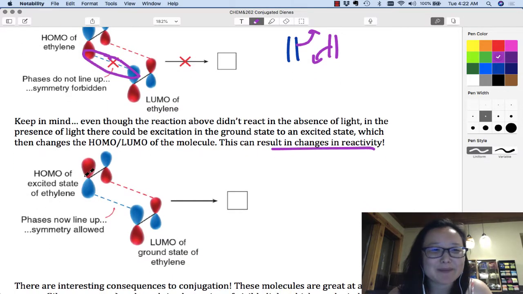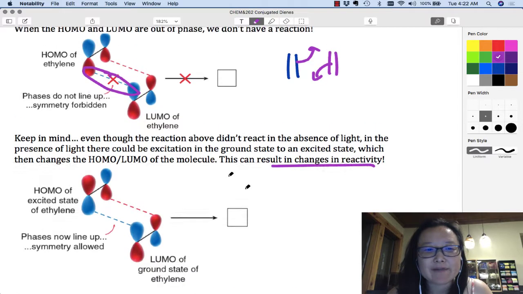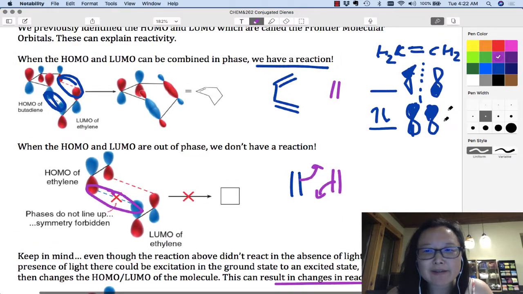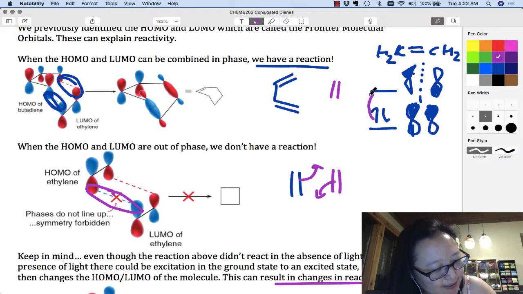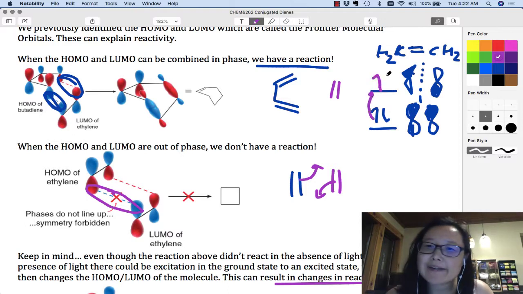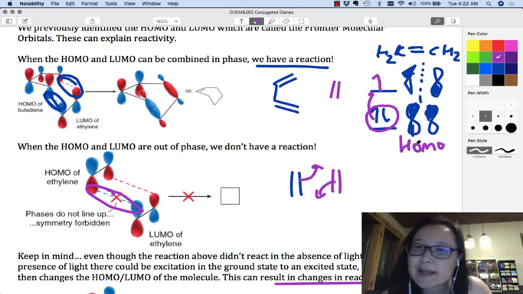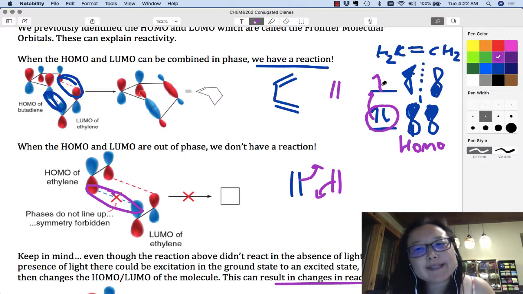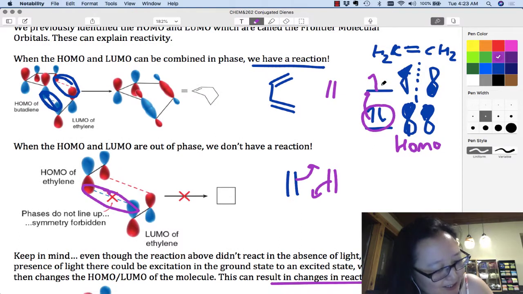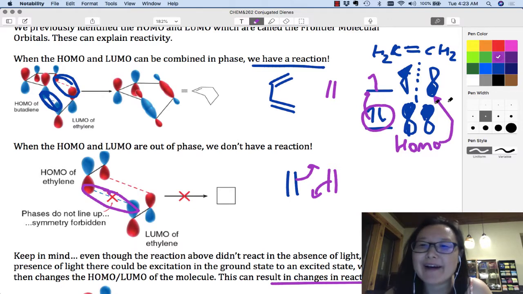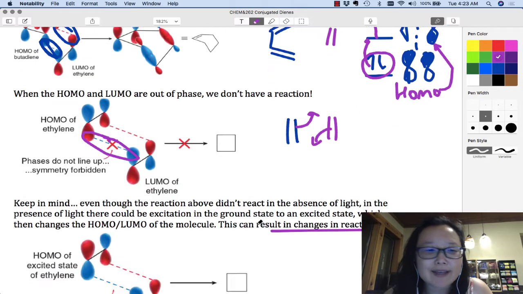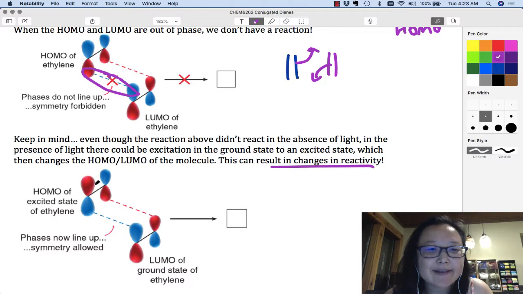So here's an example. We take the HOMO of the excited state of ethylene. Well, in the ground state, it was in phase, but if we excite the electron, that means it can jump to a higher state. So remember before, this was our HOMO because that was the highest occupied molecular orbital. Well, when we excite the electron, then we change that. This becomes our HOMO now, right? So out of phase, right here, out of phase, okay?